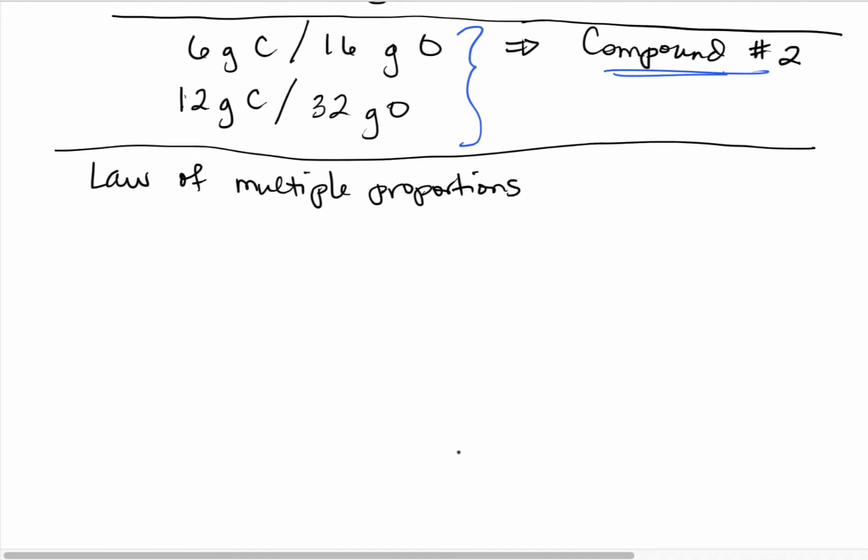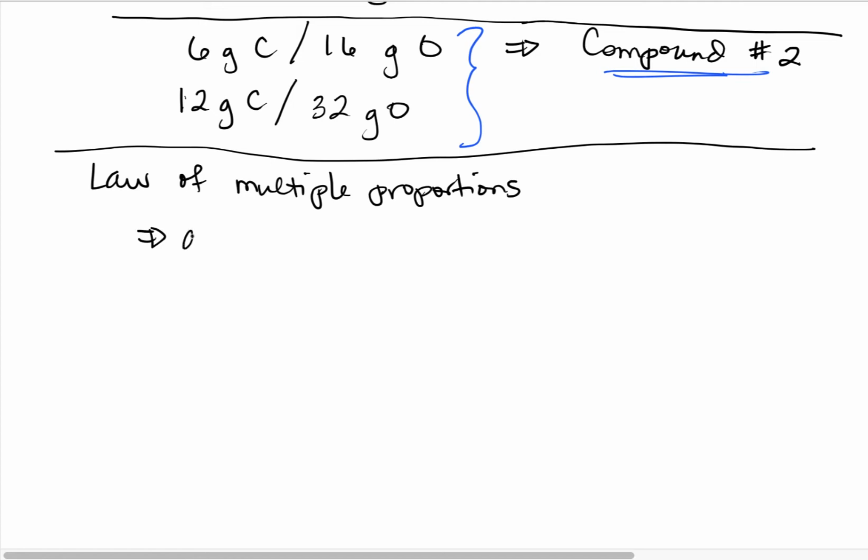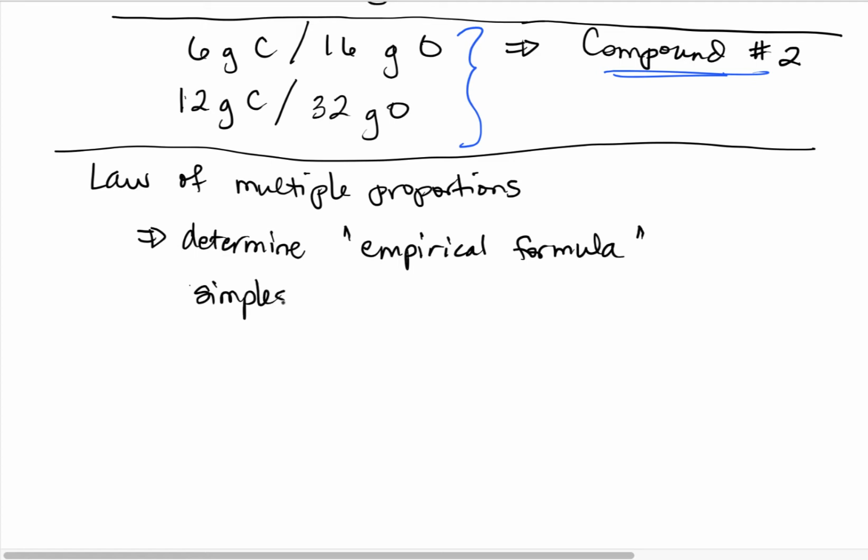And Dalton used this to figure out what elements reacted together, and he used it to determine what we call empirical formulas, which is the simplest ratio of the elements to each other.